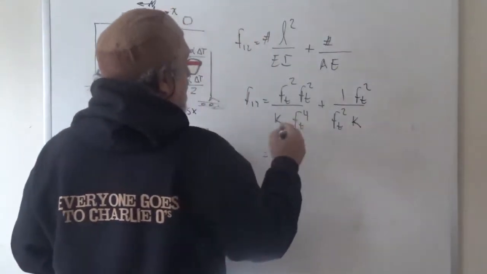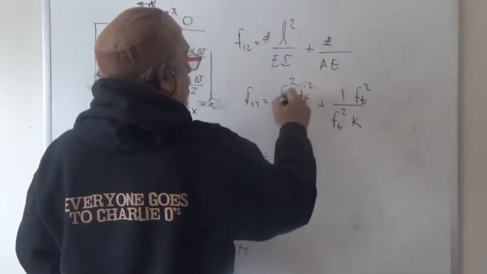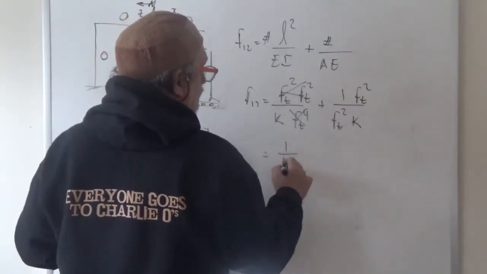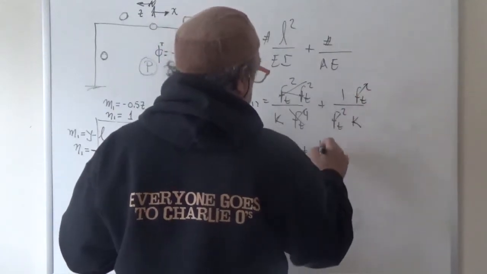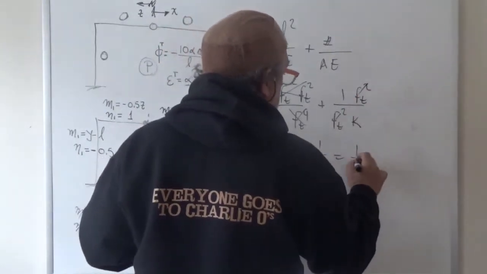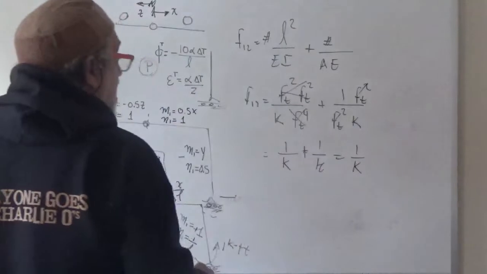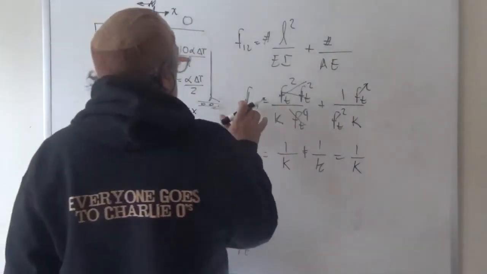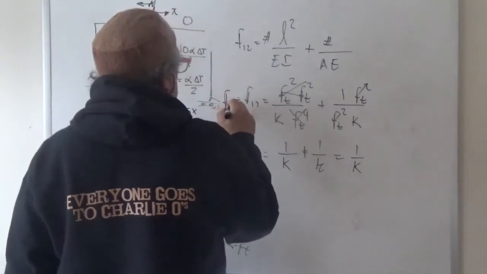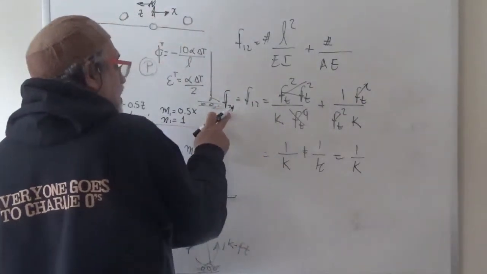So we see that the units are feet to the fourth, 1 over kips, or feet squared, 1 over kips. So the unit is 1 over kips. So what is F12? F12 is, for example, F21, so it depends how we want to interpret. Let me interpret in terms of F21.